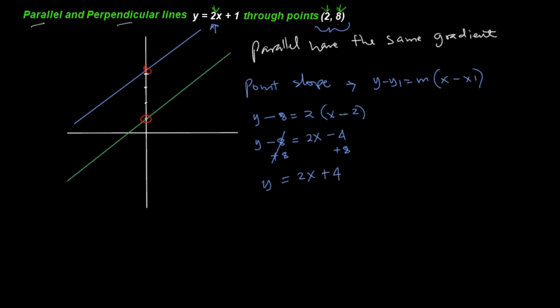So if you look at this part of the equation, it is the same as this part. The only difference we have is the b, which is the y-intercept: from the first equation it's equals to 1, while the second equation is equals to 4.